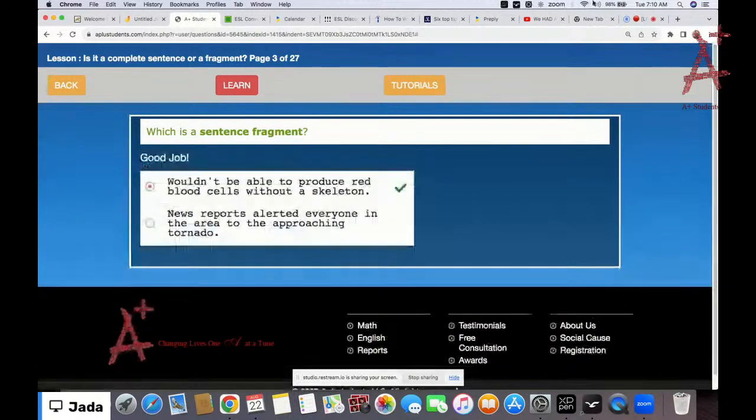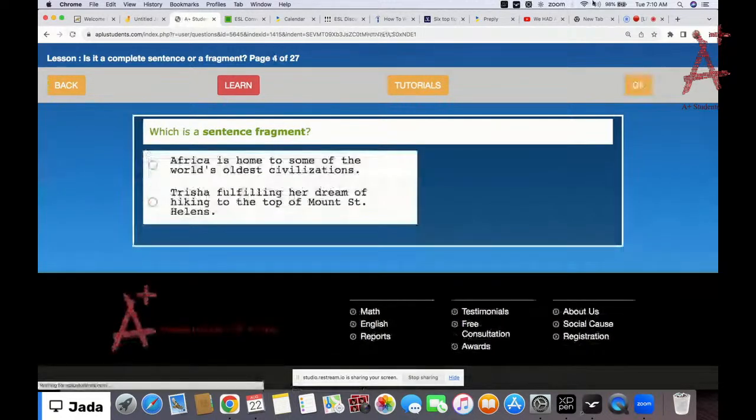All right. So, sentence fragments. "Africa is home to some of the world's oldest civilizations." "Trisha fulfilling her dream of hiking to the top of Mount St. Helens." Okay, so now when you need to find a sentence fragment, you need to find the one that is missing something.